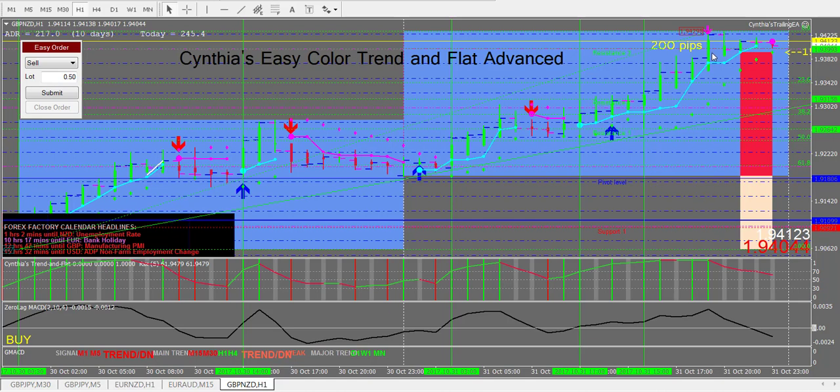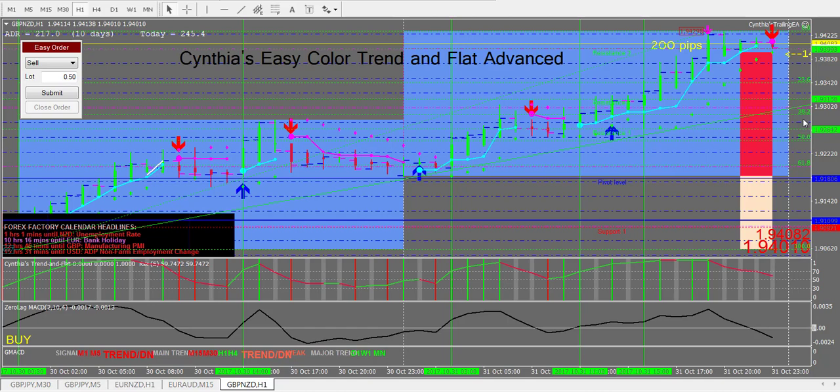Everything's telling you the price is going to be coming down, probably more retracement. And here you have your retracement level. So if the price comes down to the 23.6, that's considered a very shallow retracement. If the price resumes back up, it's not going to have a lot of force. But if the price comes back down to the 38.2 level, that's a deeper retracement.